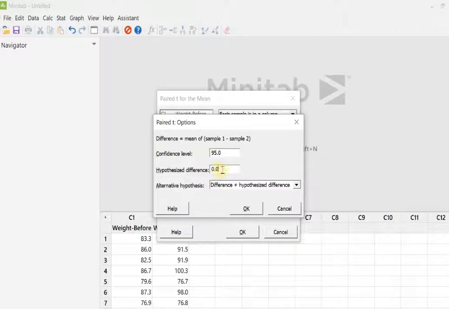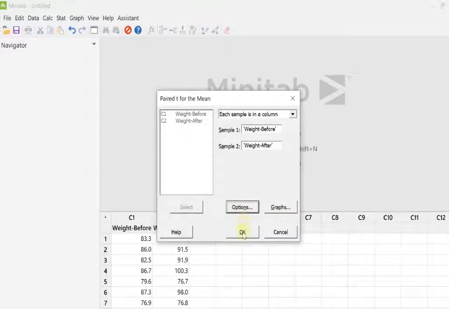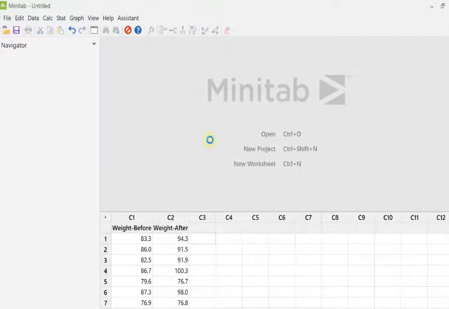Hypothesized difference for us was 0, meaning no difference. And this is the alternative hypothesis. Now, let me go less than. I'm going to test the hypothesis. I don't care about the confidence interval yet. I just want to do my hypothesis test. Less than. So this 95 doesn't matter, but I'm going to leave it like that. Hit OK, and OK again.